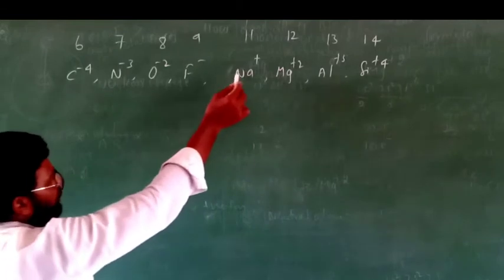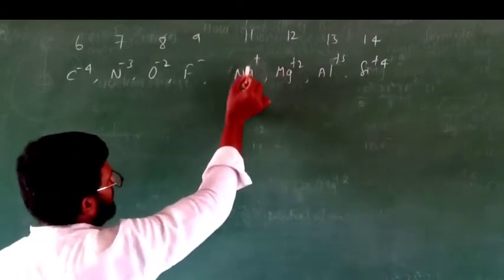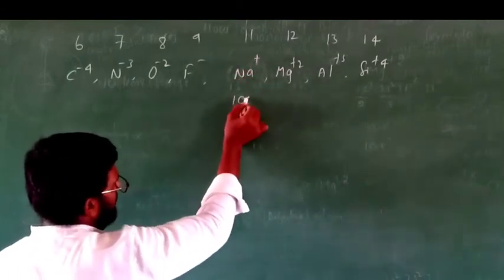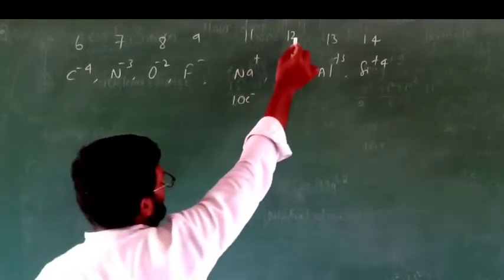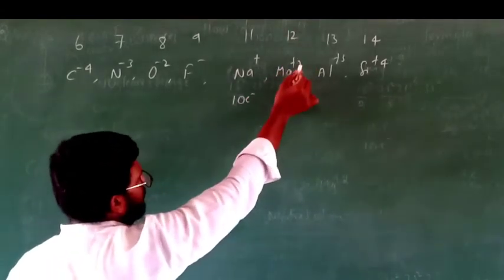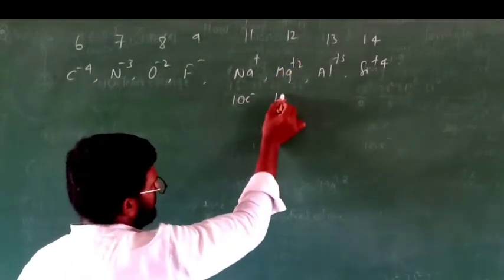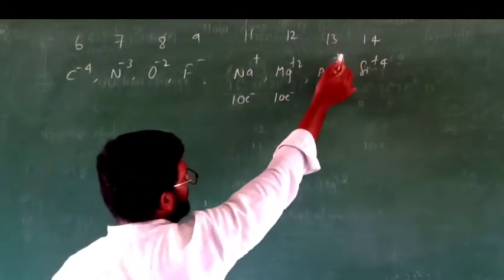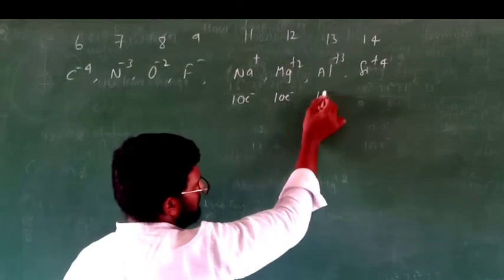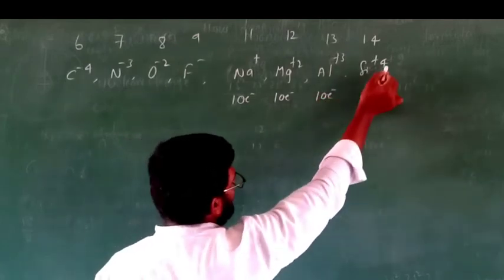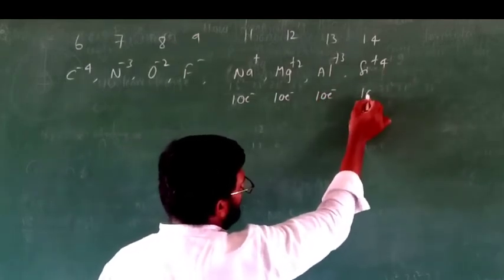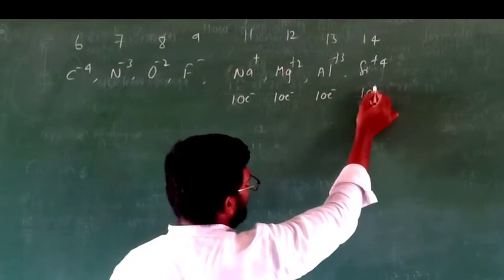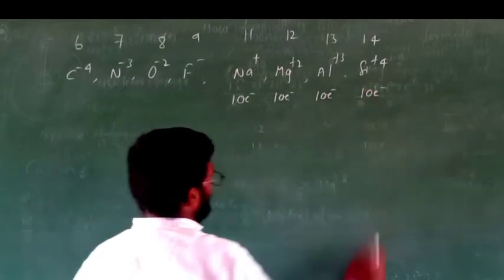Now, sodium, after losing one electron, its number of electrons becomes 10. Magnesium, atomic number 12, after losing 2 electrons, its number of electrons becomes 10. Aluminum, atomic number 13, after losing 3 electrons, its number of electrons will be 10. Similarly, silicon +4 also has 10 electrons.